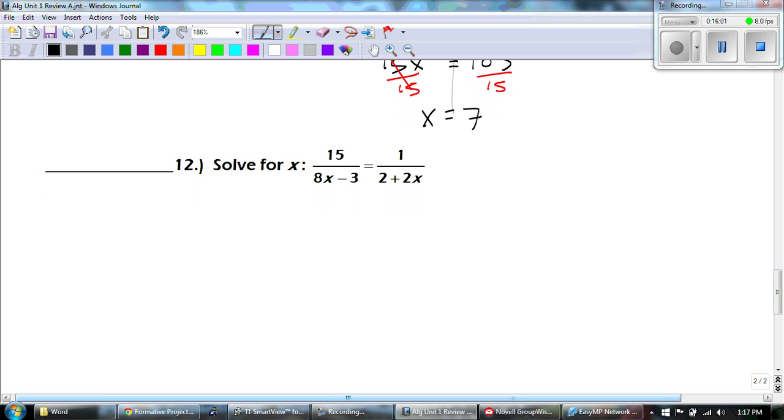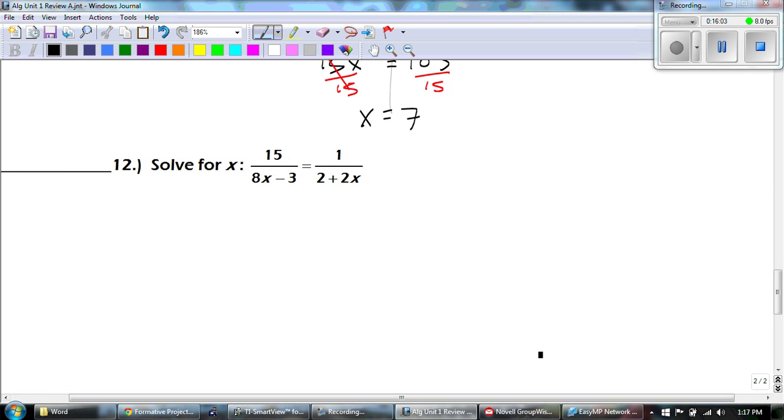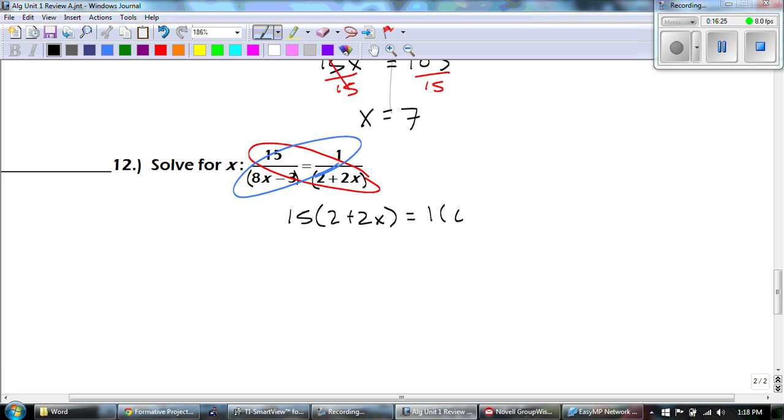Last one, number 12. Before I just cross multiply on this problem, remember to put it in parentheses. So the first thing we're doing is 15 times 2 plus 2x, and I'm going to set that equal to 1 times 8x minus 3.